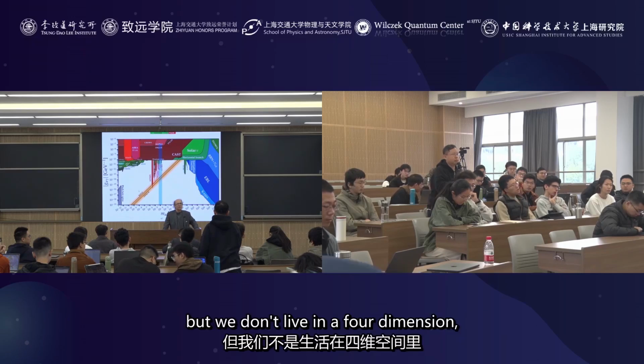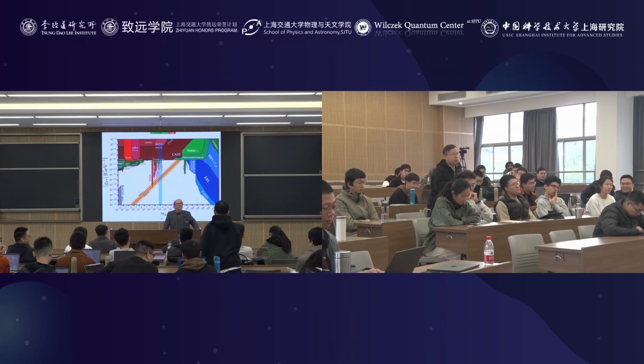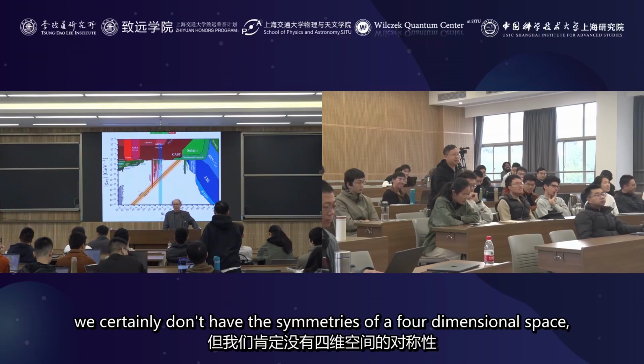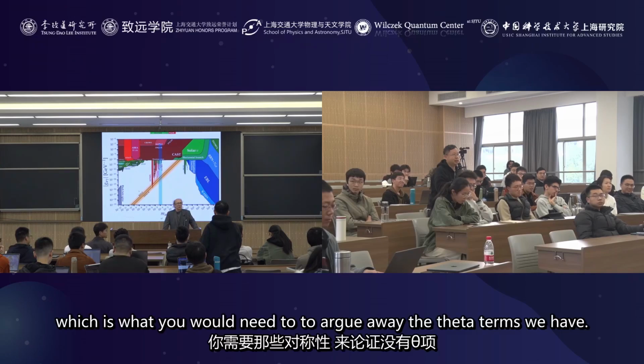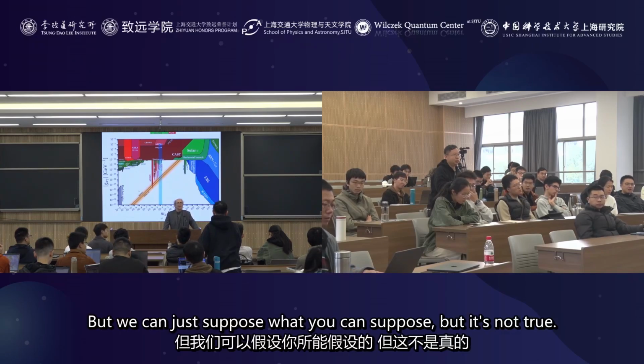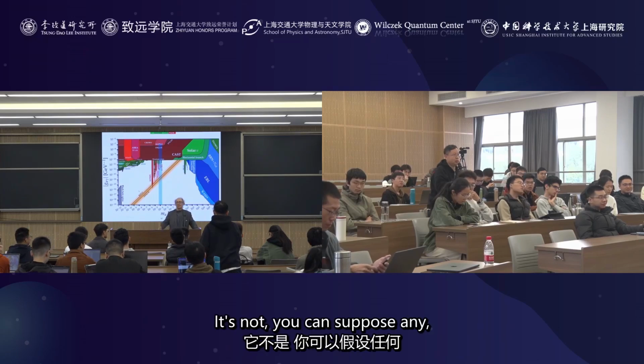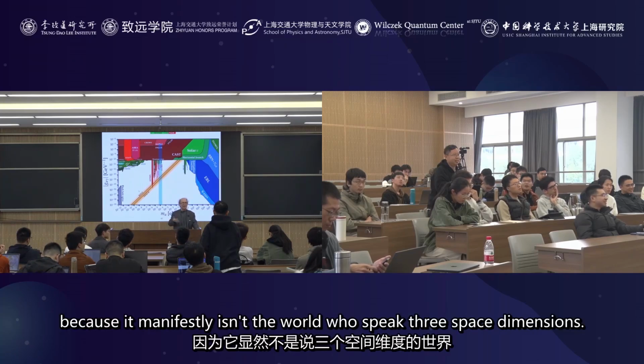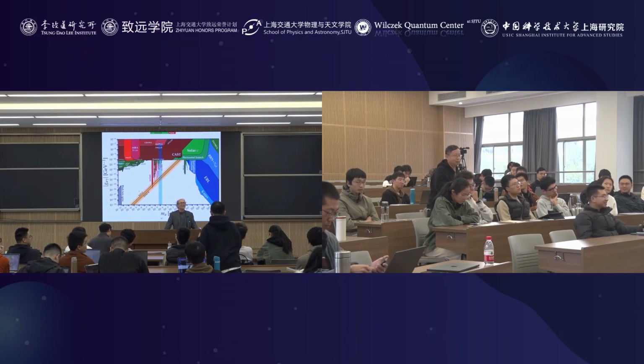But we don't live in a 4-dimensional space. We certainly don't have the symmetries of a 4-dimensional space, which is what you would need to argue away the theta term. We can just suppose it exists. You can suppose, but it's not true. You can't suppose that that's a description of the world because it manifestly isn't. The world has 3 space dimensions.